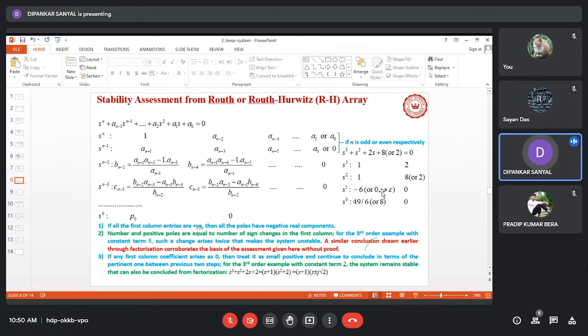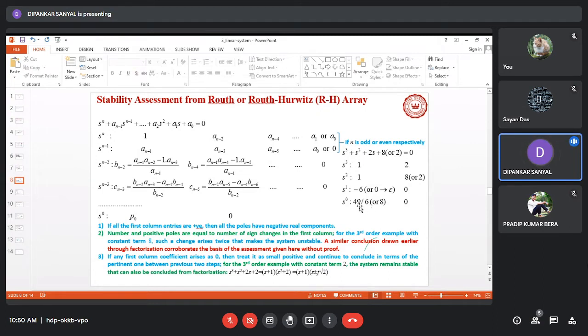And we have also noted that if a 0 comes, then we replace that 0 by a small positive number epsilon, and we proceed for constructing the remaining coefficients. And this 0 has come out because 1 into 0 minus 1 into 0 would result into a 0 in the numerator.